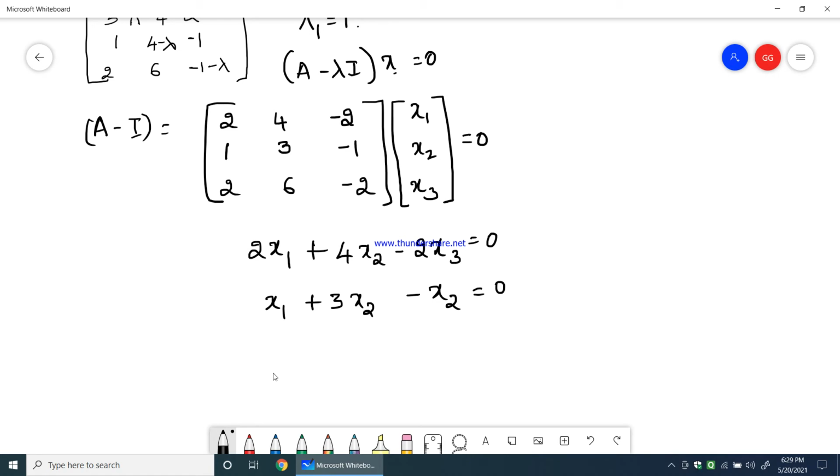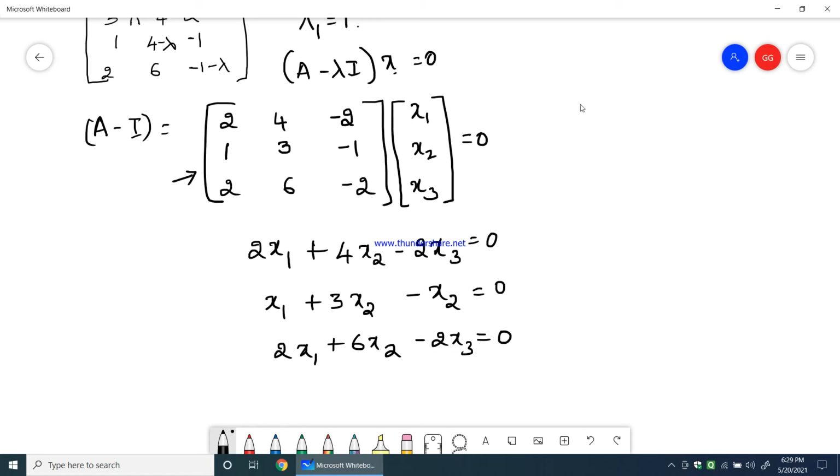Then I'll say 2x1 plus 6x2 minus 2 times x3 equals 0. I can either go in this way, or I can also perform the row operation on this matrix to further reduce it into a simplest form.